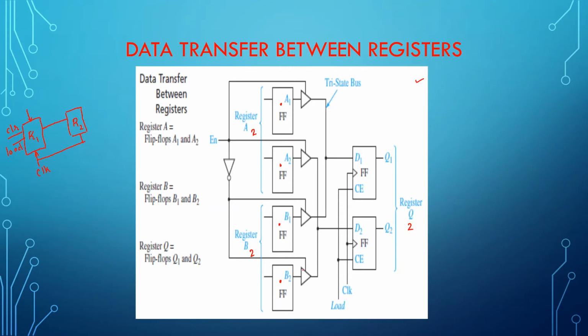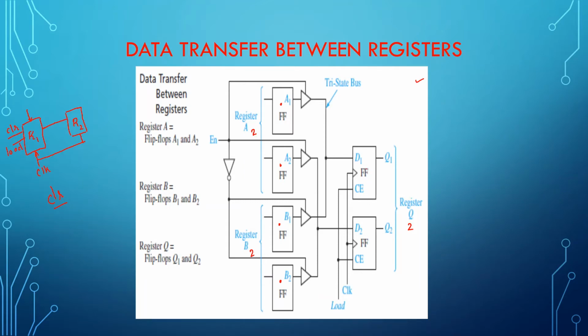So before you start transferring the data, the register present at the second stage, made up of flip-flops Q1 and Q2, should be cleared. Let's say it has to be cleared initially. So I'll be giving the clear signal so that these two flip-flops will be cleared.